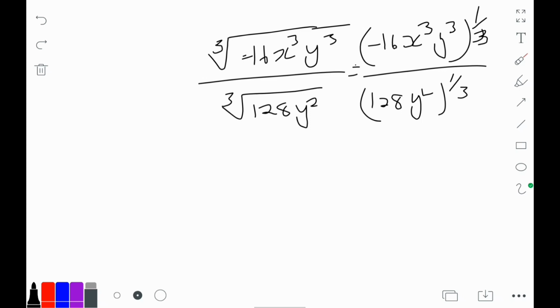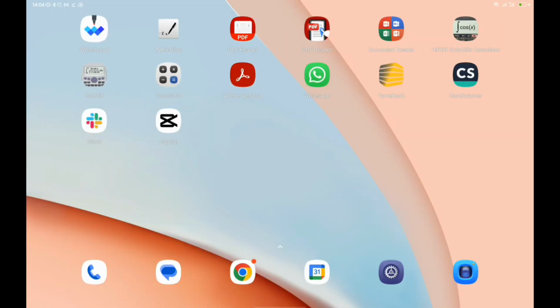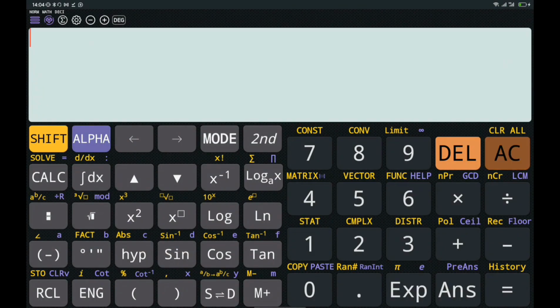So now we can change it also. Let's start with 128. Which number can we use to write 128? Let me start with 8. If I say 8 to the power 3 is 512, that is too much, so I'm not going to use it. 4 to the power 3 is 64.